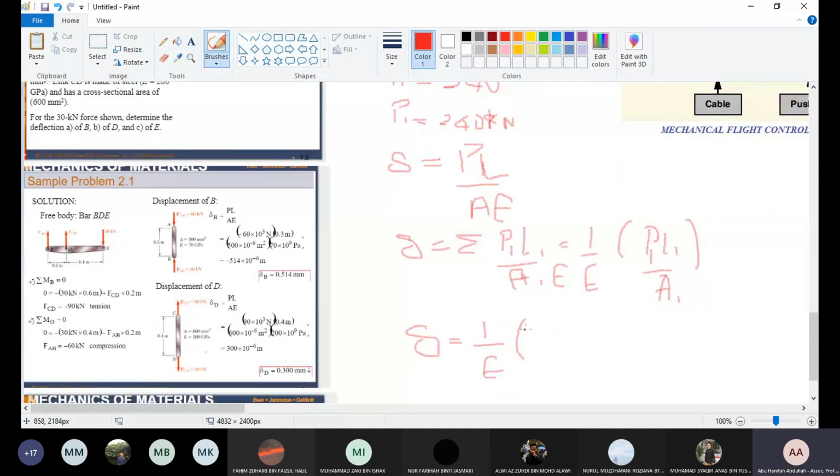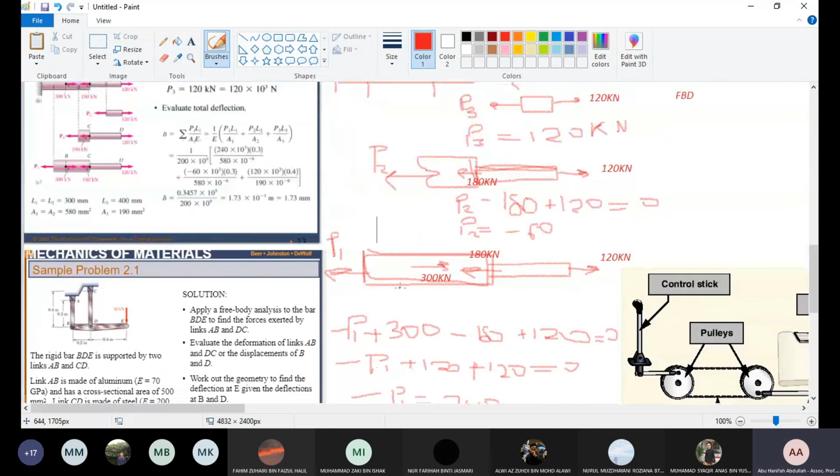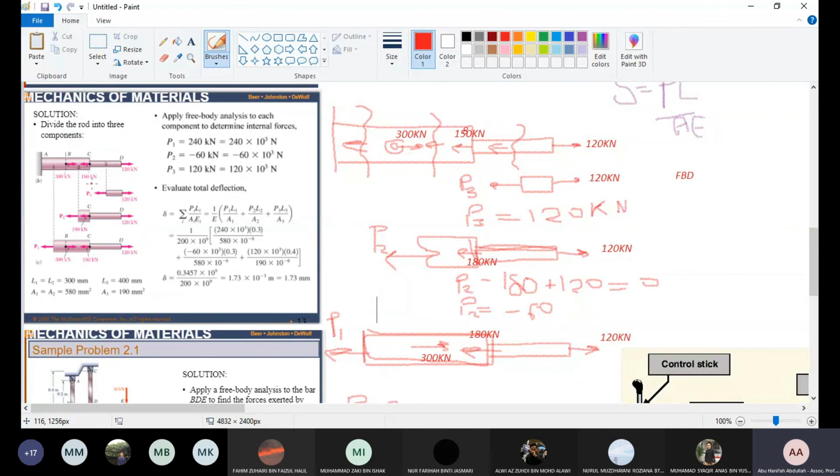240. L1 is 300 millimeter. That's given.